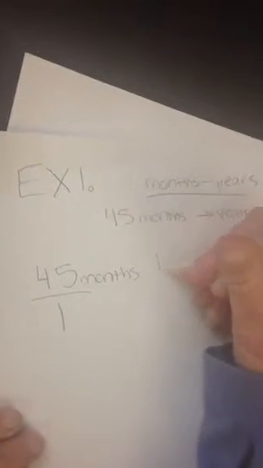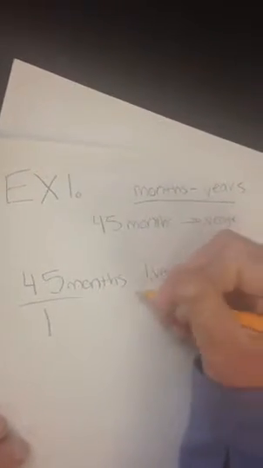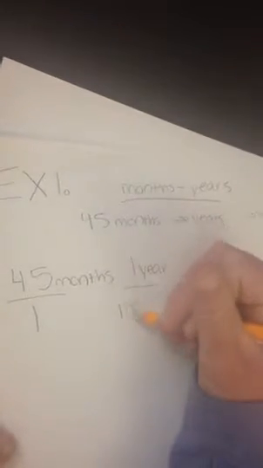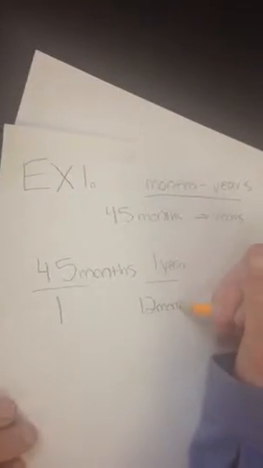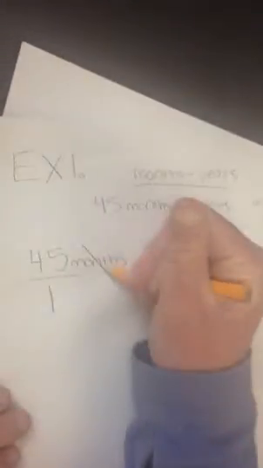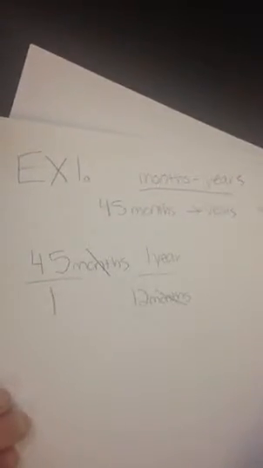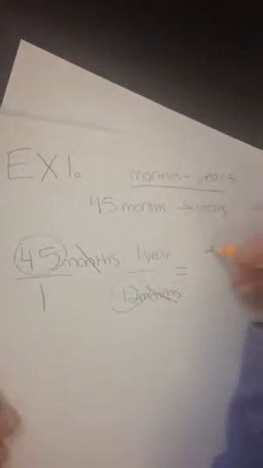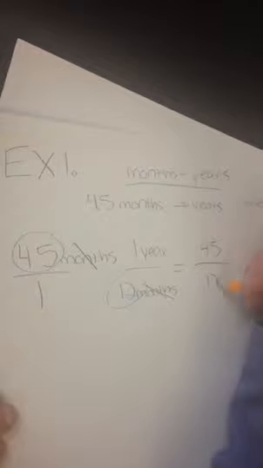So we're going to write it as a unit analysis problem. 45, label that as months, over 1. Then 1 year is equal to how many months? 12. And since we have two common units here, we can cross them out, and you're left with 45 over 12.